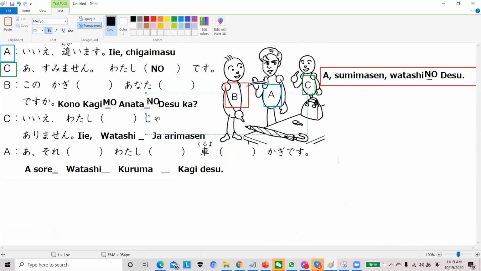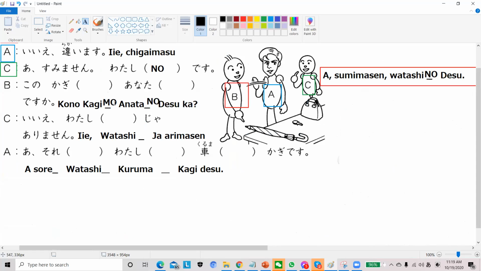The reason it's not wa, kono kagi wa, is because C-san claims that the umbrella belongs to him. Now B-san, how about this key? Kono kagi mo anata no desu ka? Is this key also yours?